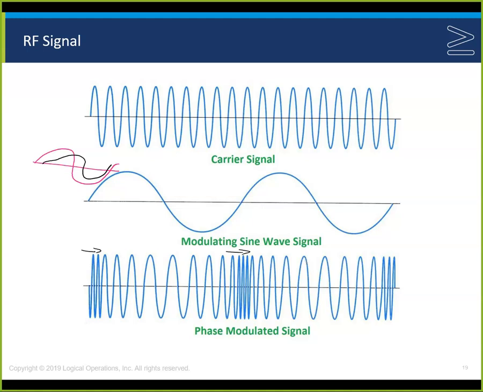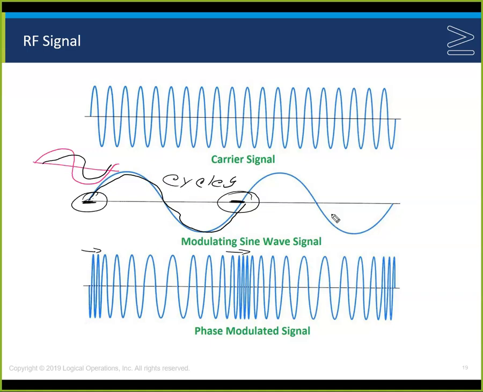A cycle per second: a cycle is one complete up, down, around. The starting point to the high point, back through the starting point, to the low point, to the starting point. This is a single cycle.